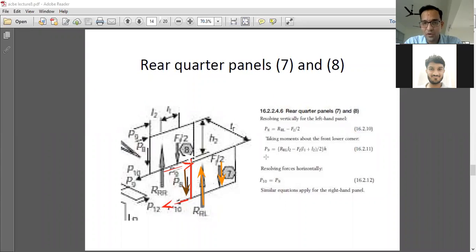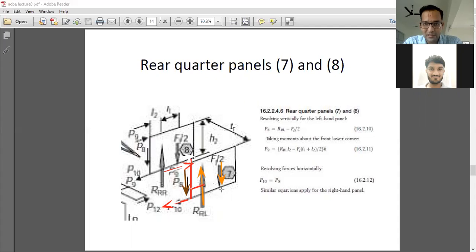So as I go for moment consideration, I'll go for this particular criteria: P9 multiplied by H, where H is the height of the panel, is equal to RRL multiplied by L2. L2 is the distance between the rear load as well as the joint region. So we are referring to this distance over here. This is the L2 distance.